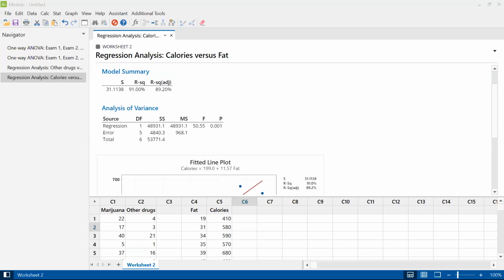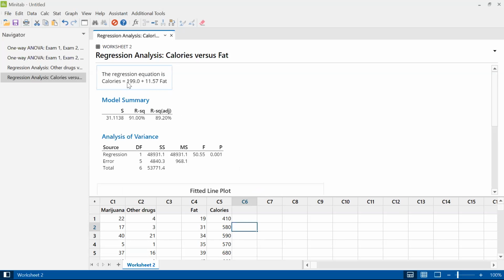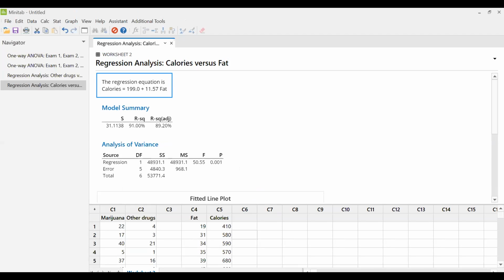So the first thing that I had asked for over on the worksheet was what is the R squared number, and then I wanted this formula up here, the regression equation. So in order to estimate calories, we take 199 plus 11.57 times the fat number.